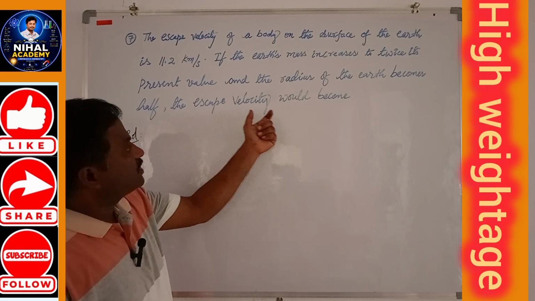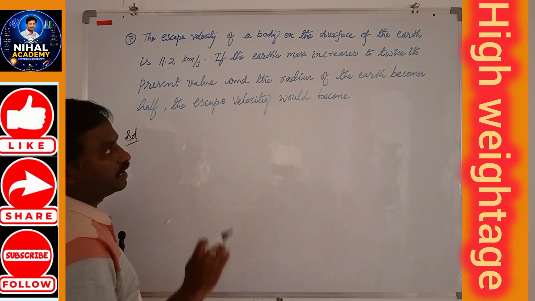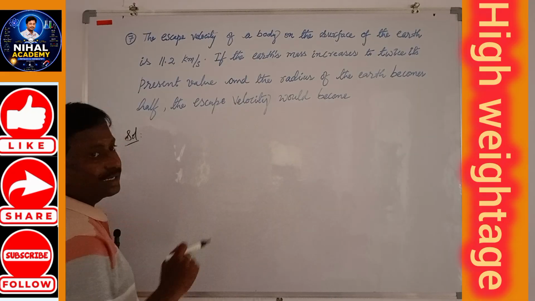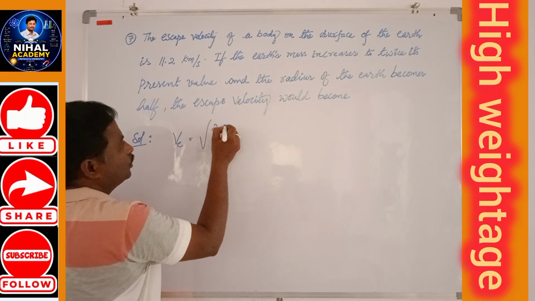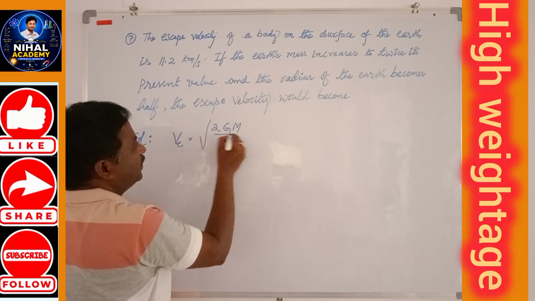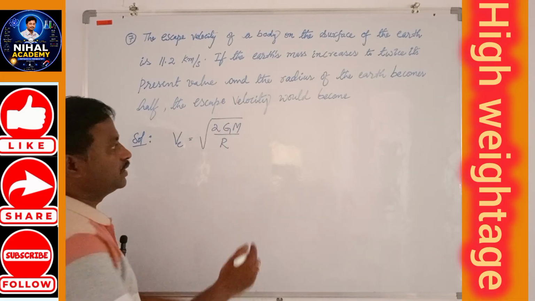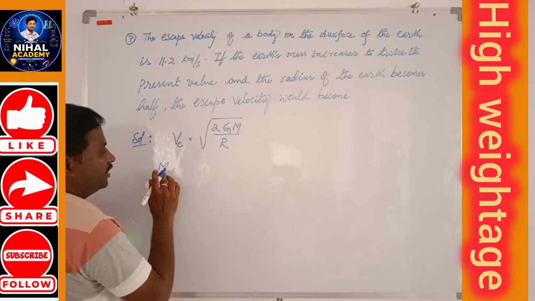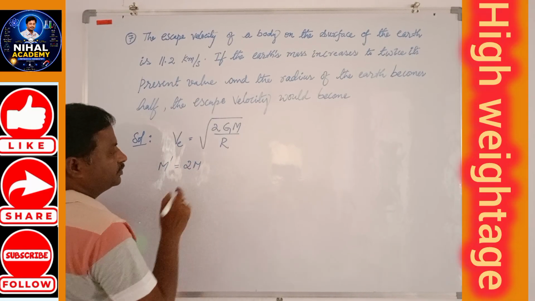The escape velocity would become, so now we have to calculate the escape velocity after changing mass and radius. V_e is equal to, you know the formula, square root of 2GM by r. Now here the M value is doubled, that is M dash is equal to 2M.